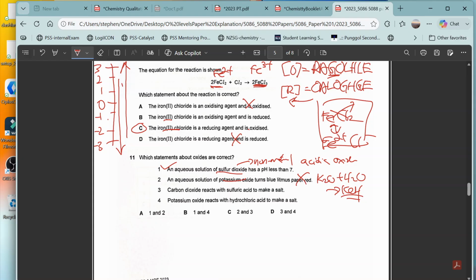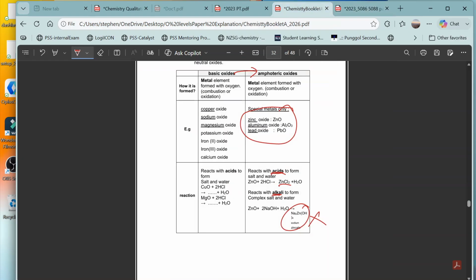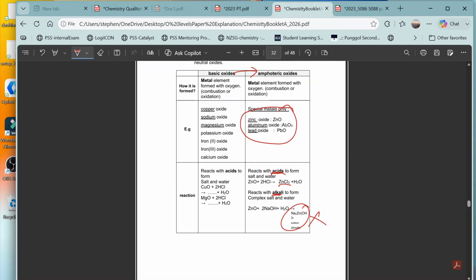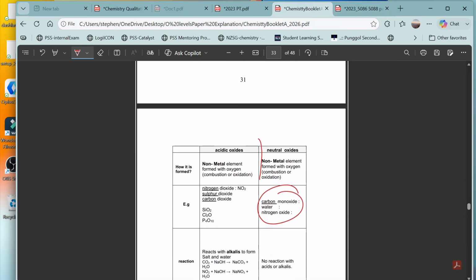Carbon dioxide reacts with sulfuric acid to make a salt. This requires you to go back to this page. Carbon dioxide is of course an acidic oxide, because it is a non-metal element combining with oxygen to give you an oxide.